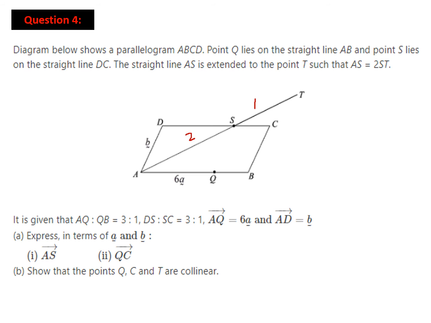It's given that AQ to QB is 3 to 1, DS to SC is 3 to 1, vector AQ is 6 vector A and vector AD is vector B. A. Express in terms of vector A and vector B vector AS and vector QC. B. Show that points Q, C, T are collinear.